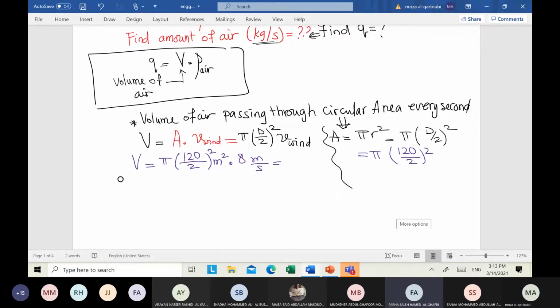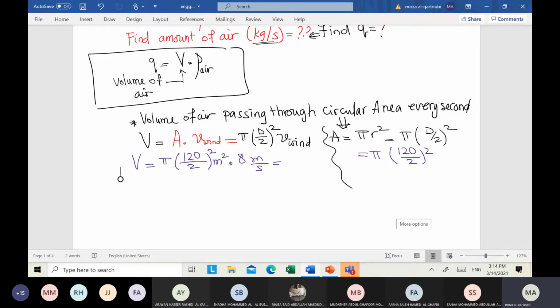Check please. There is a pi here. Maybe I calculated with respect to pi.